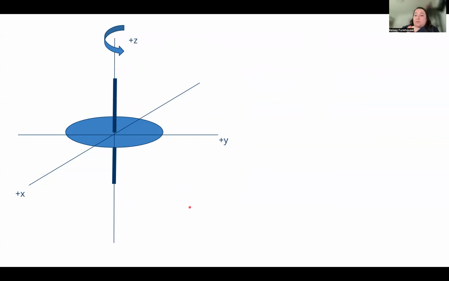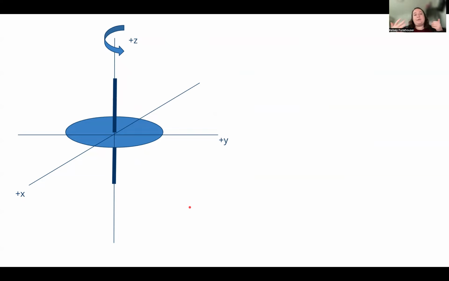We can use the right-hand rule to get the direction of the angular momentum. So in this case, when we have just an angular velocity, we do the version of the right-hand rule where we just curl our fingers in the direction of the rotation, clockwise or counterclockwise, and our thumb points in the direction of the angular momentum and also the angular velocity.